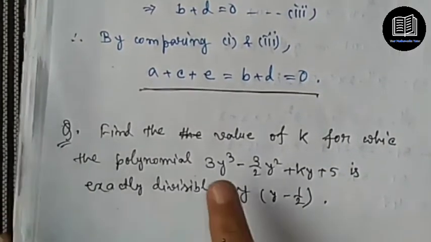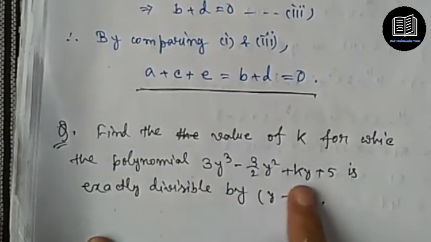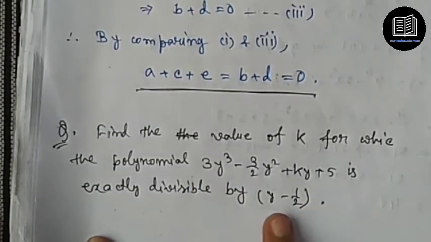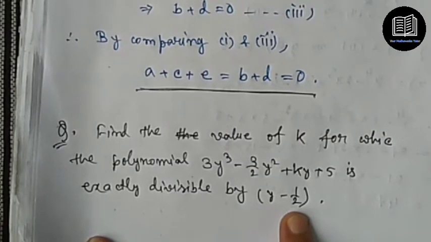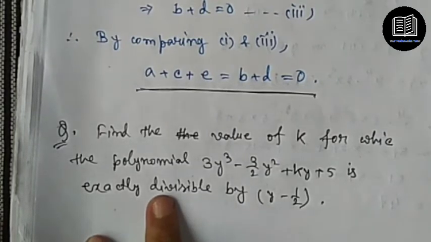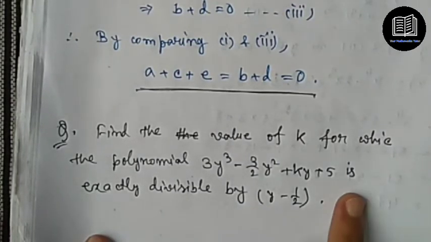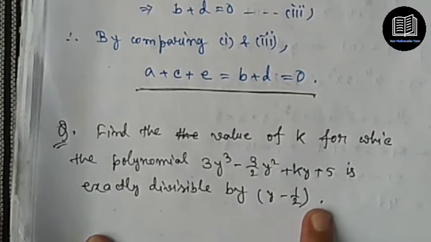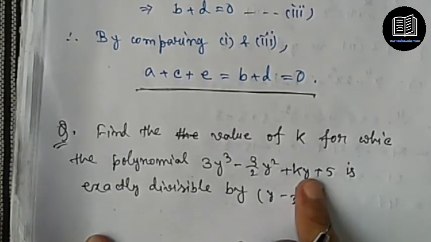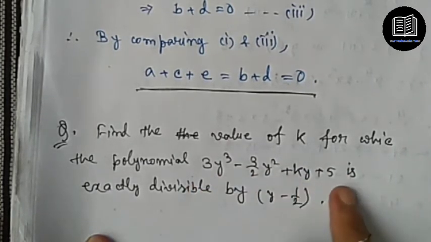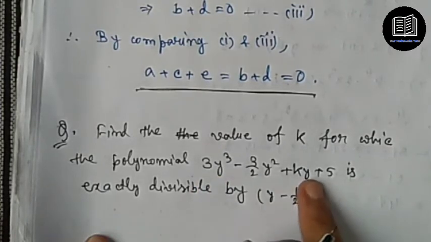Here the polynomial is given as this. If we divide it by y minus half, then it will be exactly divisible if f of half is 0. So find f of half, then make it equal to 0. From here we can find the value of k.